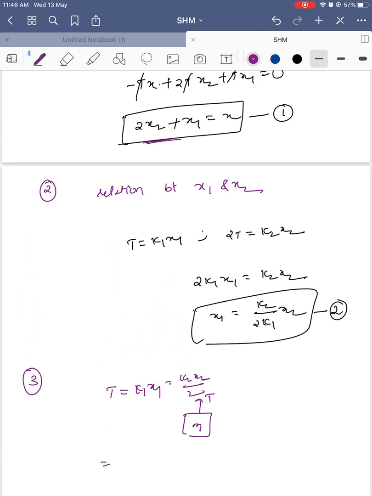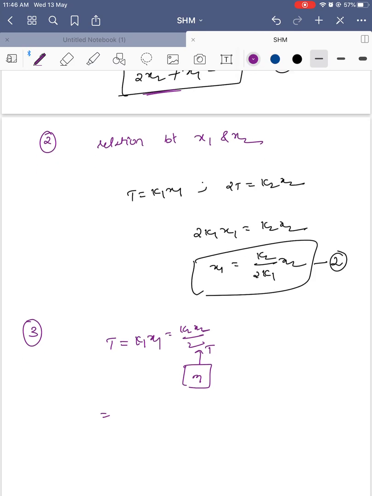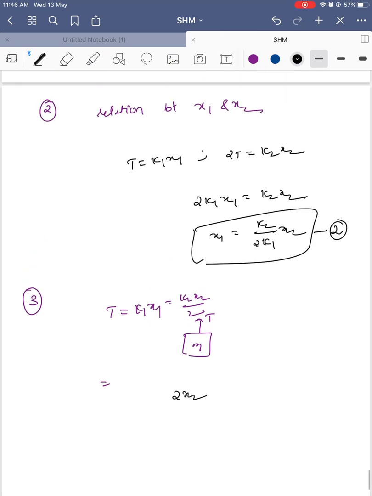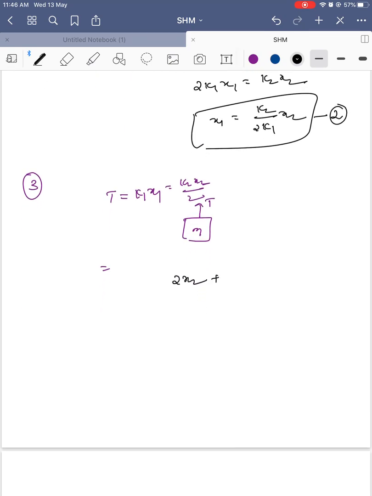I am going to simplify this using 2x2 plus x1 is equal to x. I should write it in x1 terms or x2 terms, because at last I should get net force equal to k into x, and this x should be there, not x1 and x2.